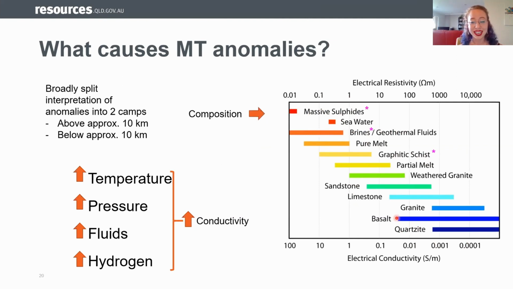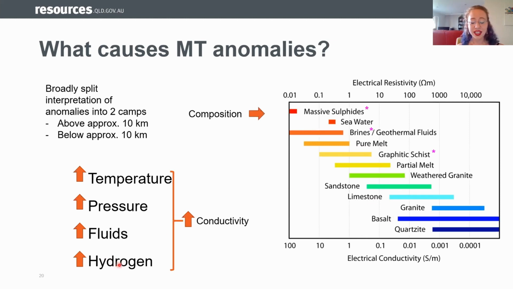So there's things like variations in temperature can cause elevated conductivity, increased pressure, so like tectonic stresses can elevate your conductivity, fluids can do it. So anything that flows, I'm talking fluids in the deep crust or potentially magmas, anything like that. Probably not that relevant in Mount Isa, but something to consider elsewhere.